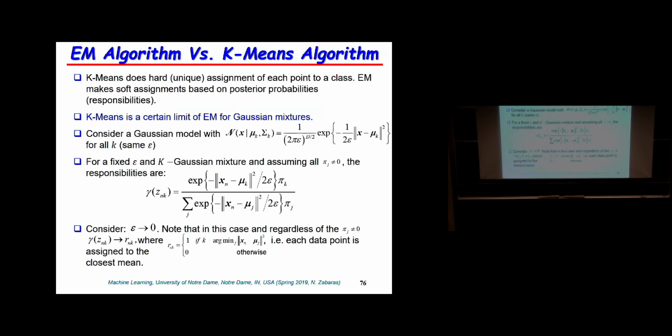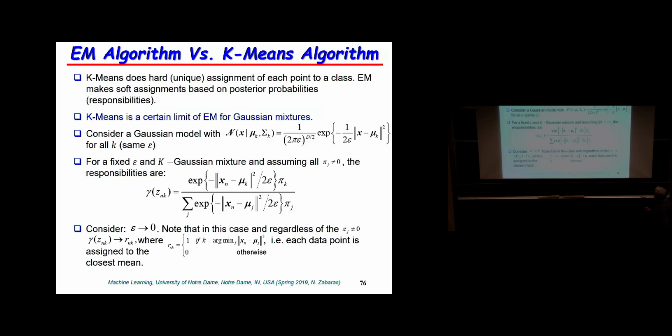I'm not going to do this slide, but let me just say the following. You remember the Gaussian mixture and the EM algorithm does assignments to each Gaussian component that are not one or nothing, blue or nothing, red or nothing.